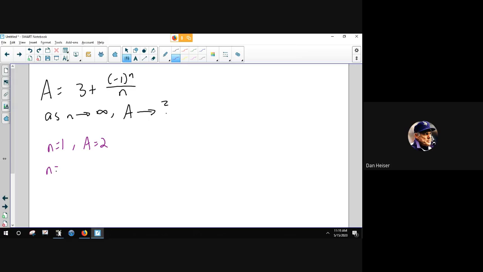When n equals 2, we get -1 squared, which is 1, divided by 2, which is 1/2. 3 plus 1/2.